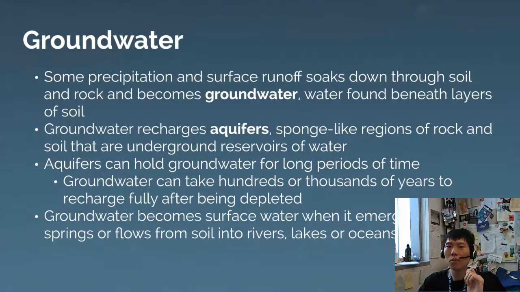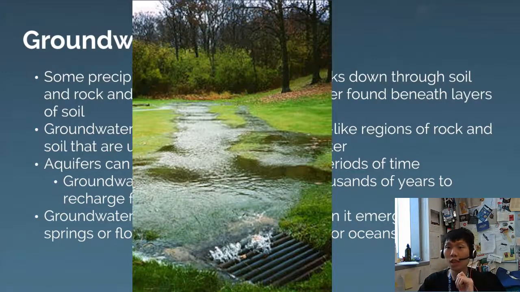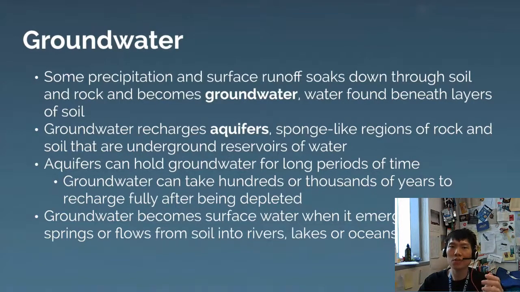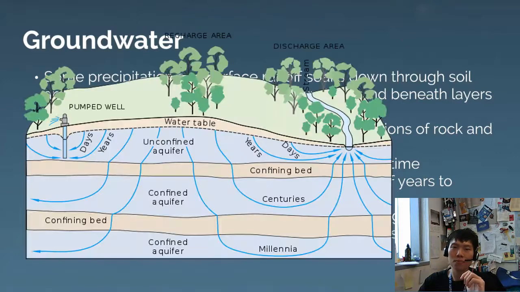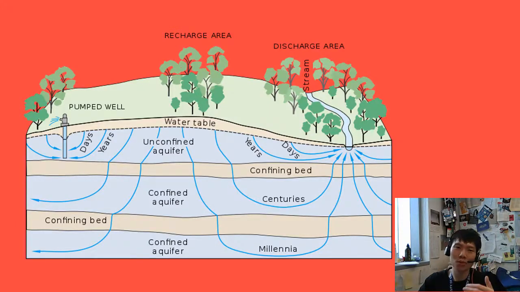Now, let's talk more about groundwater. Some precipitation and surface runoff water soaks down through soil and rocks and becomes groundwater, which is water found beneath layers of soil. Now, the groundwater recharges aquifers, which are sponge-like regions of rock and soil that are underground reservoirs of water. Not water under the bridge, but water underneath the rocks and soil. The upper limit for the groundwater held in an aquifer is referred to as the water table.